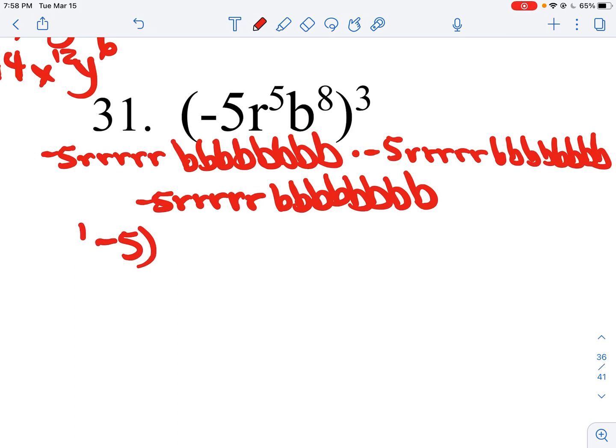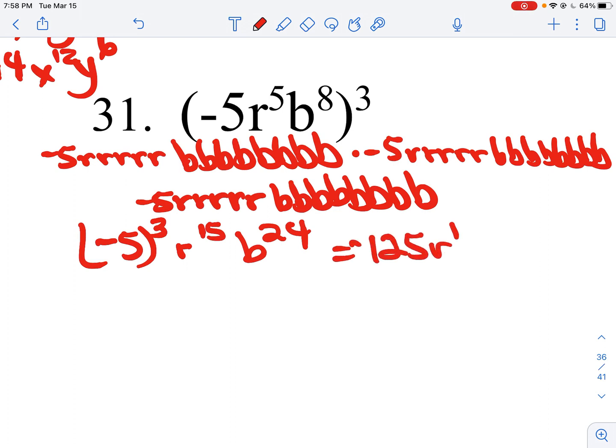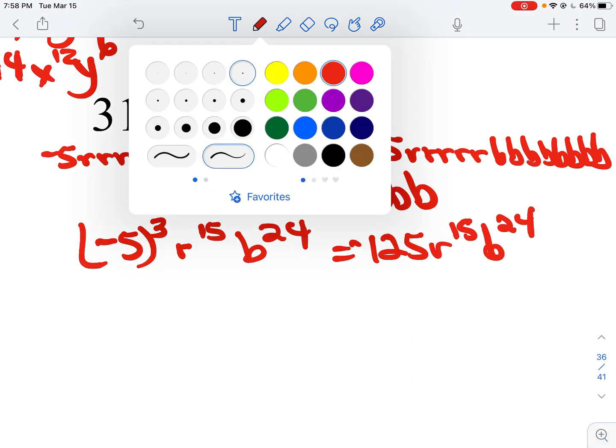So, how many -5s do I have? I have 3 of them. Sorry. I have 15 R's and I have 24 B's. So that would get me -125, R to the 15th, B to the 24th.